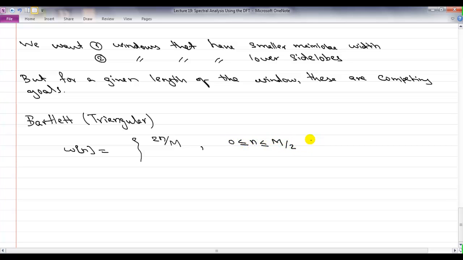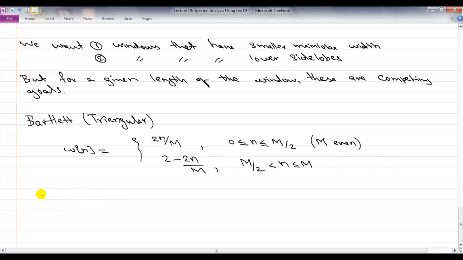The assumption is that m is even, of course, and 2 minus 2n over m for m by 2 less than n less than or equal to m. So this is simply going to look like a triangle.